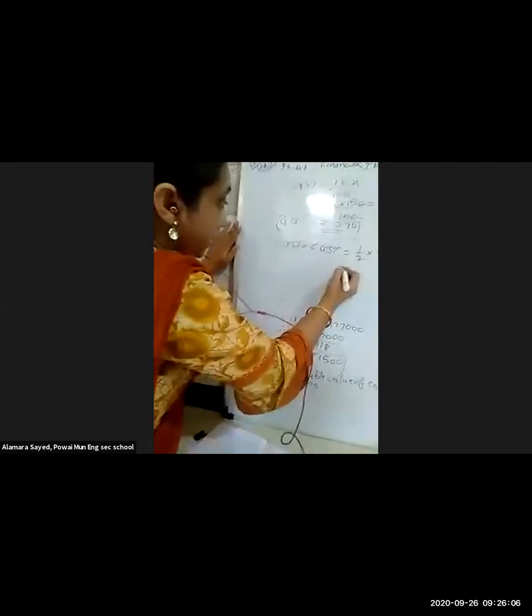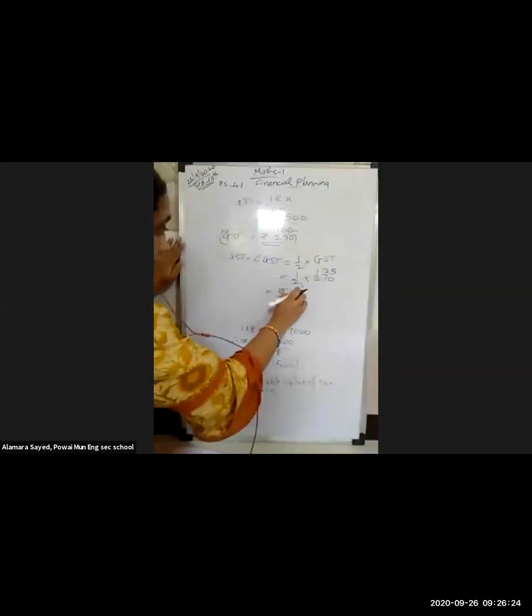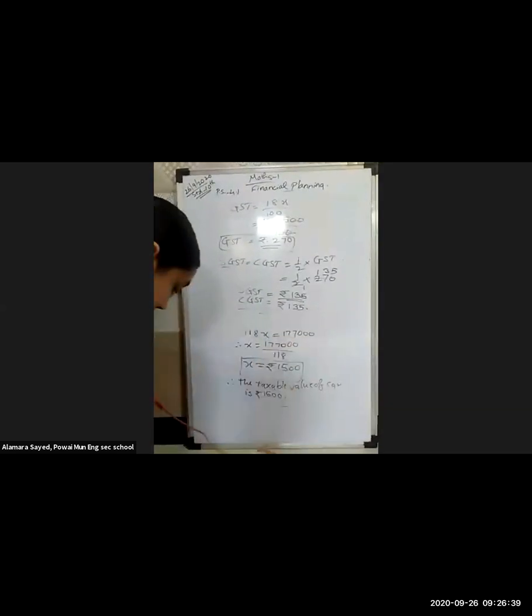It is half of GST, and we have already got the value of GST, that is 270. So we divide by 2: 2 ones are 2, 2 threes are 6, 2 fives are 10, that is rupees 135. Since CGST is equal to SGST, CGST is also rupees 135. So this is the answer.